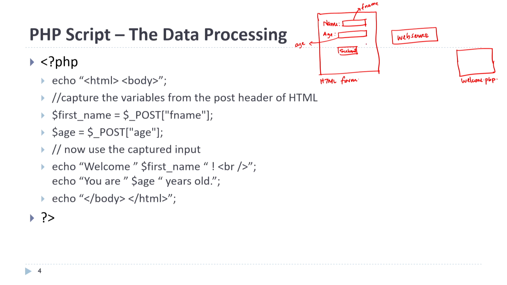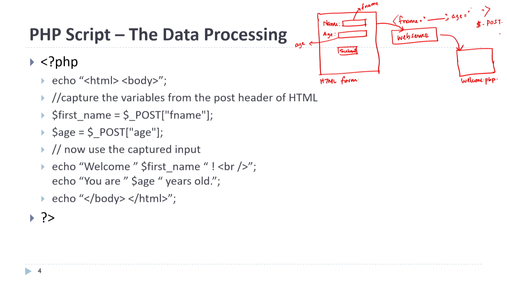So, when the user presses the submit button, the variables, fname equal to some value and age equal to some value, are captured in the $_POST variable by the web server, and then it gets transferred to the welcome.php.